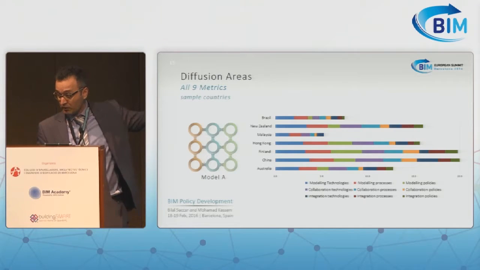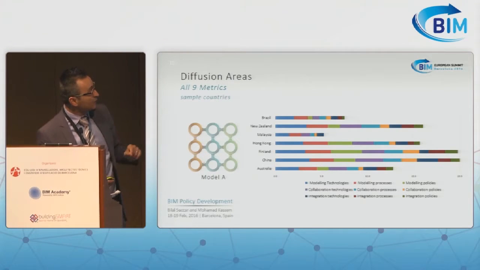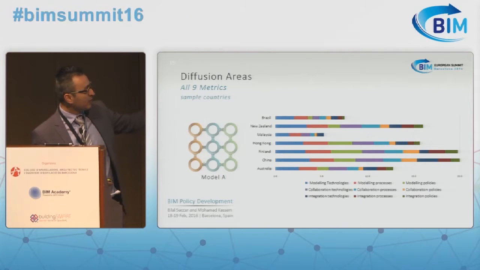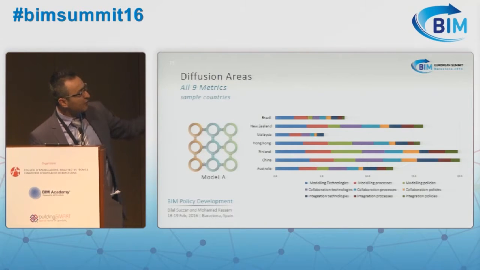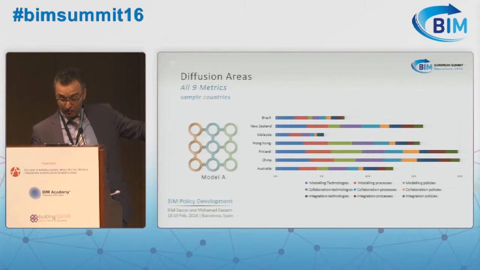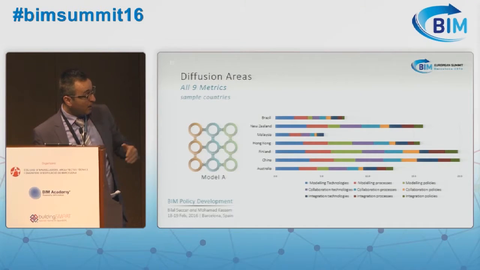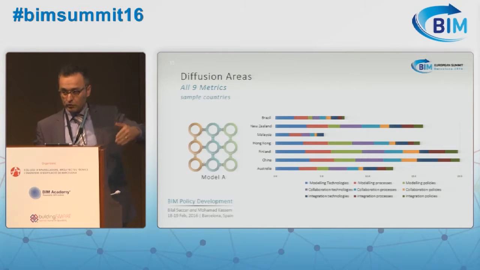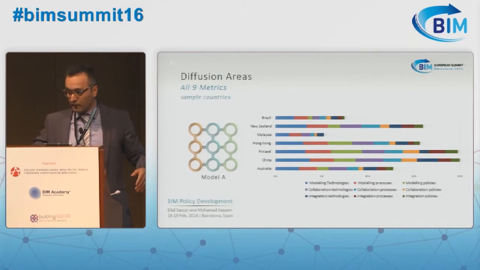I'm showing just a sample to make it visually clearer. So here you could see quickly that different countries have different levels of diffusion, but there is a trend among all countries where modeling is the most highly rated in most countries. And this is logical, given all the presentations we have seen, like level 2, level 3, and modeling, collaboration, integration are all subsequent levels.